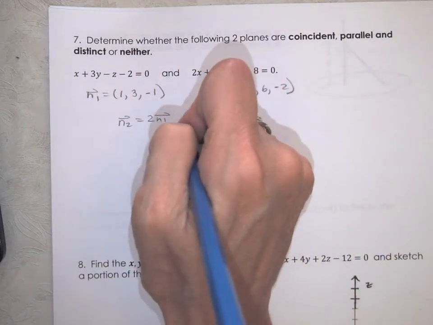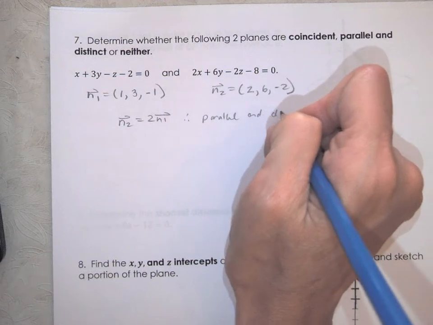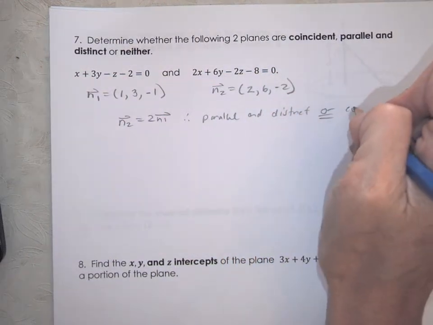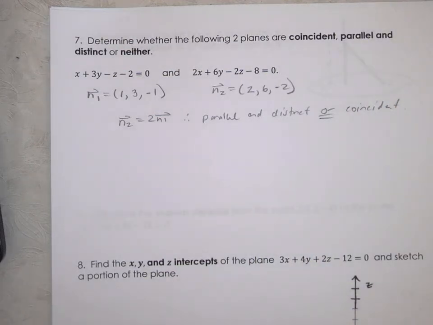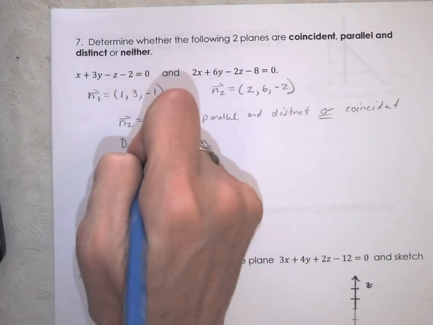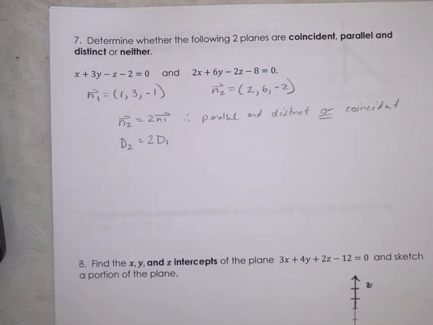So that means they're parallel. They're either parallel and distinct or coincident. They're either the same or they're parallel and distinct. So what's our test? Our test is whether this statement is true or not: are the constants in the same scalar multiples as the normals?